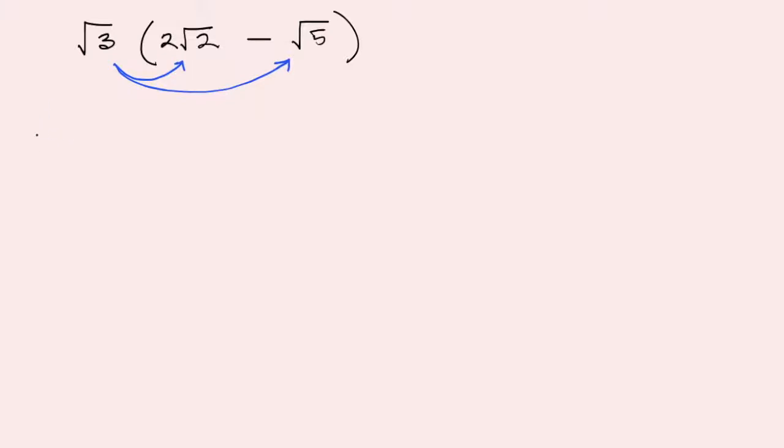And so this is going to become, the first one is root 3 multiplied by 2 root 2. And this is going to be minus, obviously, root 3 multiplied by root 5.